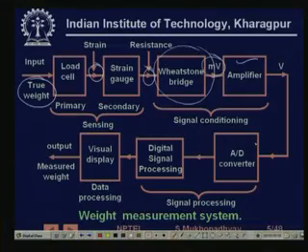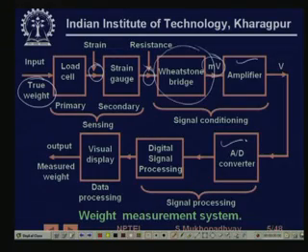Most often it is very convenient to have digital signal processing, so we can pass it through an AD converter, then input it into maybe some microcomputer and do some digital signal processing, and then finally send it to, in this case, a display. So you get a digital display of the reading along with units.